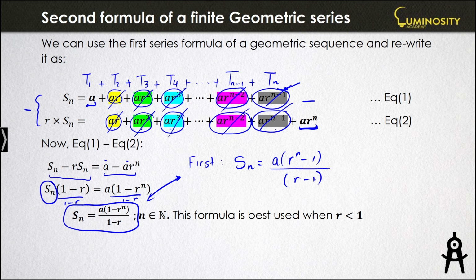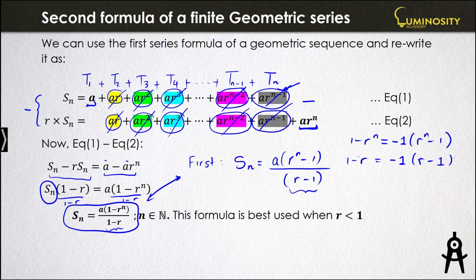Again, if you look at the similarities, inside the first formula brackets, it's r to the n minus 1. But inside the second formula, it is 1 minus r to the n. So essentially, it looks like the signs had just swapped. And that's actually correct, because if you pull out negative 1, that becomes r to the n minus 1. If you look at the denominator term, this is r minus 1, and this is 1 minus r. But 1 minus r, if you pull out a negative 1, just becomes r minus 1.